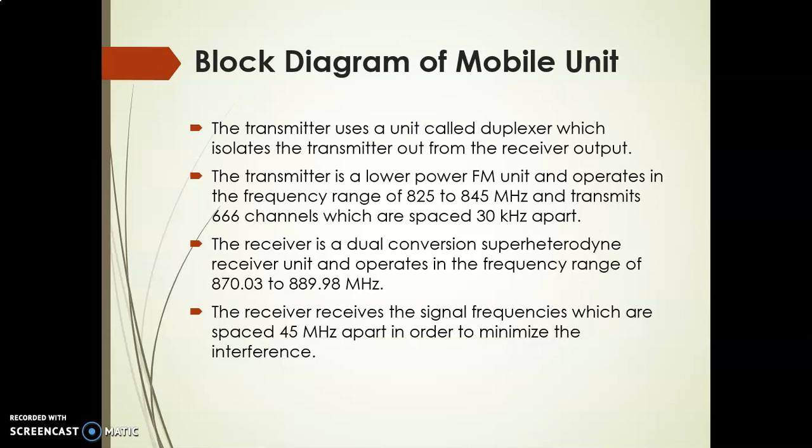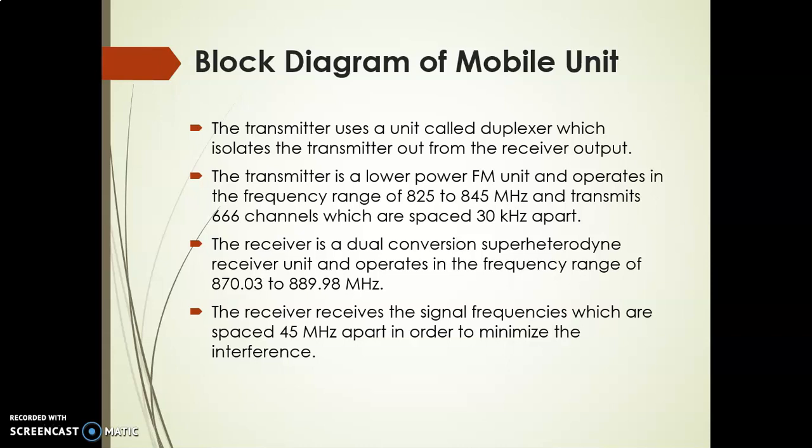The transmitter is a low power FM unit, that is a frequency modulation unit, and operates in a frequency range of 825 to 845 megahertz and transmits 666 channels which are spaced 30 kilohertz apart.